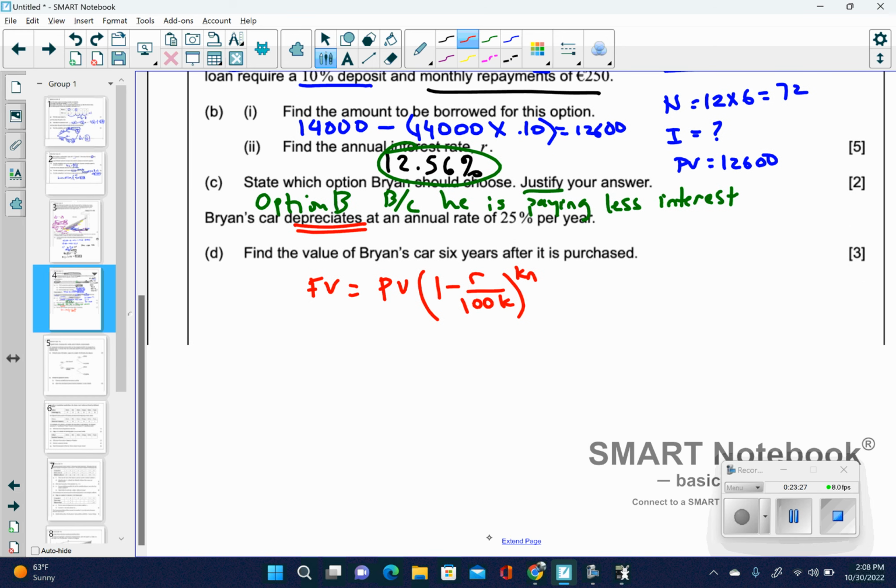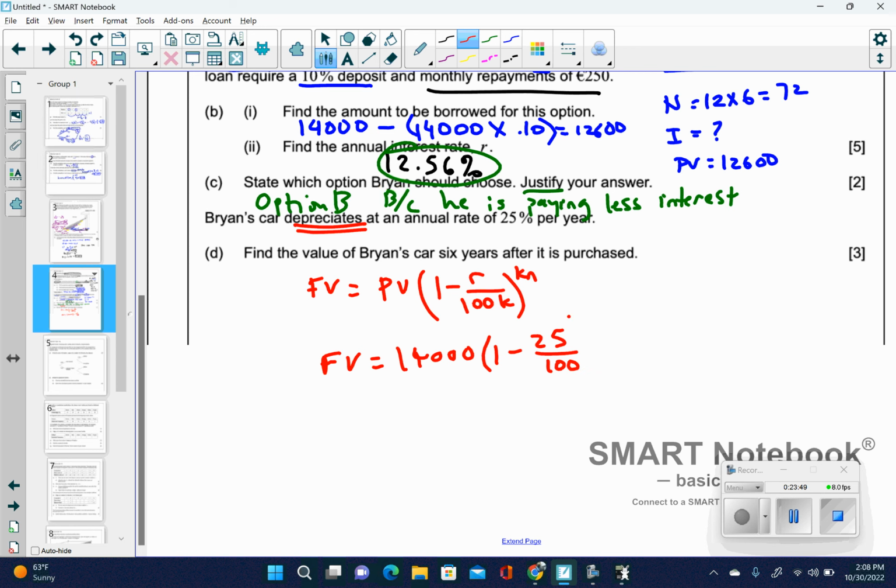To get the future value, it's going to equal, the car costs 14,000, so that's our present value, times 1 minus, right? So it's 25%. You can see that right there. So it's 25 over 100.